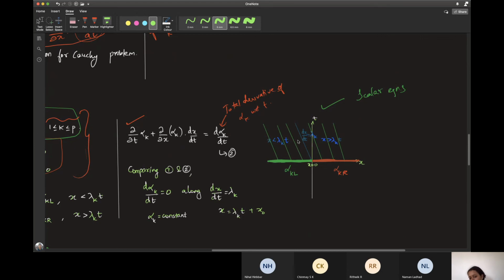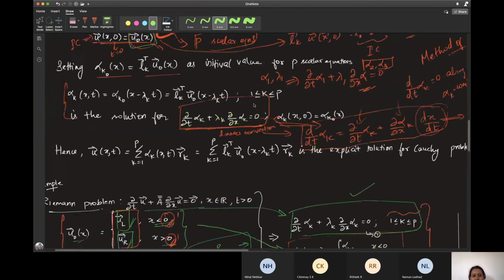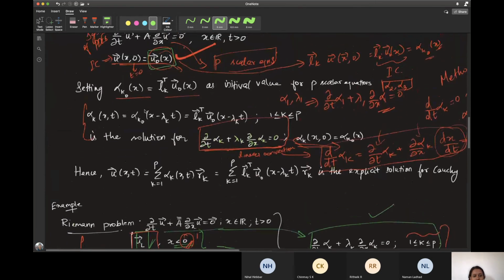So you can always find the solution for alpha k of x, t from your initial condition. Your alpha k of x, t will be alpha k naught of x minus lambda k t.